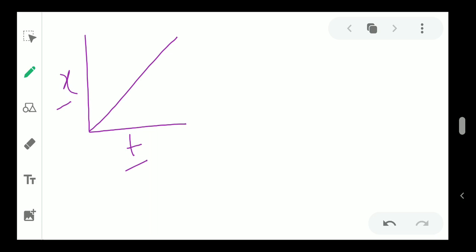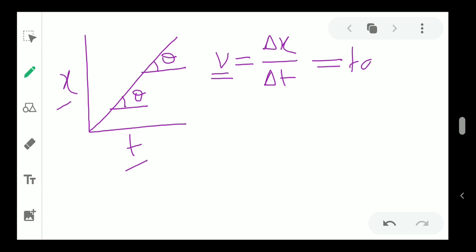That means there is some velocity, a rate of change of displacement with respect to time. Also, you have seen that the velocity can be considered as the gradient of the curve. That means v is nothing but tan theta. So by looking at the graph directly, we can always estimate the velocity.